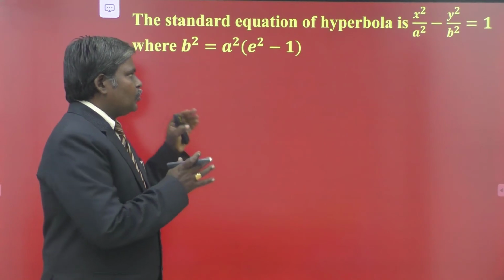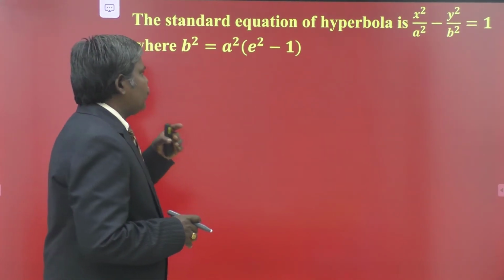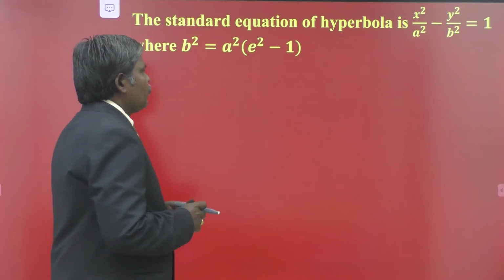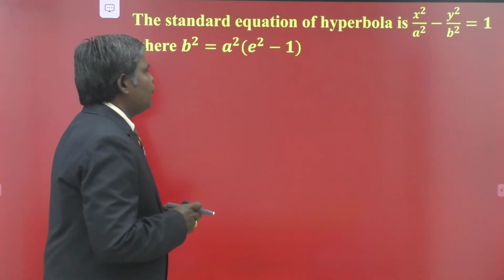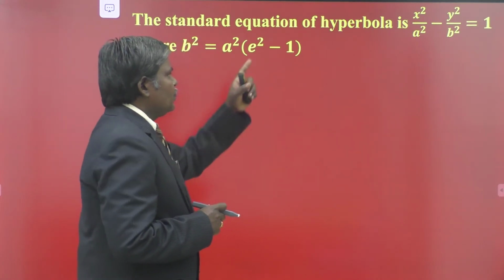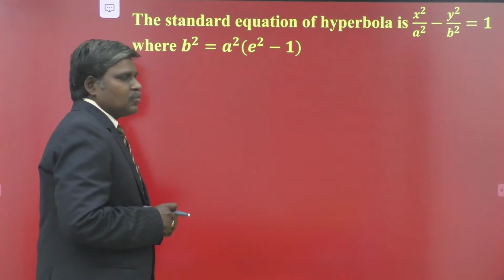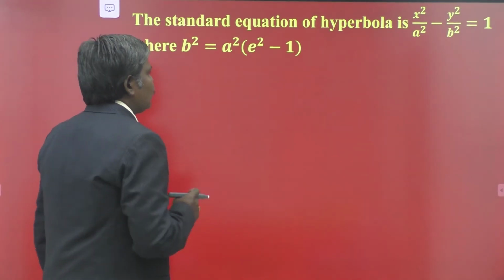So both derivations are very similar. Let us try to derive this one also. First of all, we draw the shape of the hyperbola for your convenience, the equation x square by a square minus y square by b square is equal to 1, as shown in this figure.